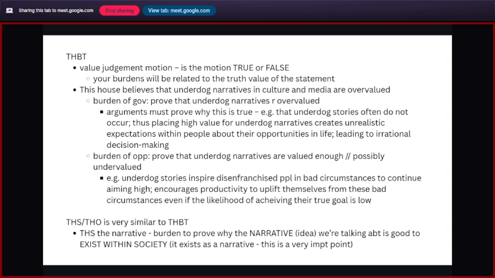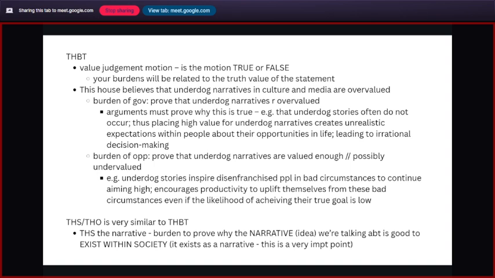And it's not just that you yourself are supporting your idea. You're talking about this house. When you say this house supports the narrative of hard work is necessary for success, that's a very bad motion. But this house supports the narrative that hard work is necessary for success.